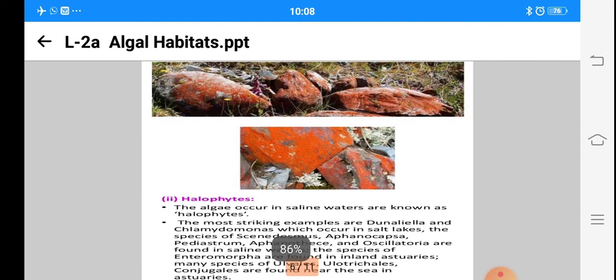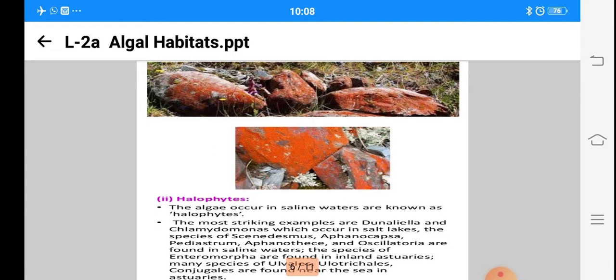As you are observing, this is a photograph of halophytes. These halophytes are commonly seen in saline water conditions. Among algae, generally Chlamydomonas is reported in salty lakes, and Pediastrum, Aphanothece, Oscillatoria, right.